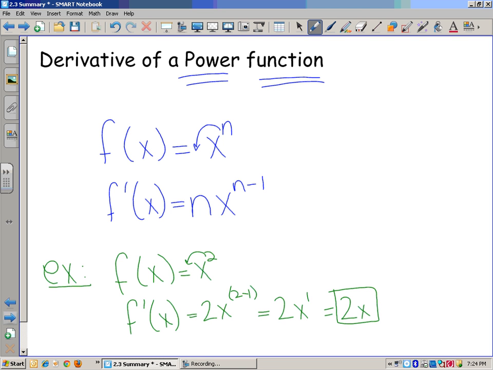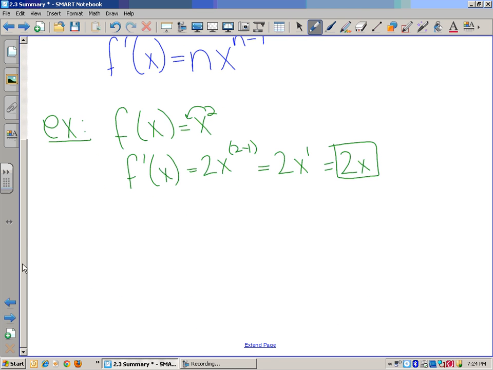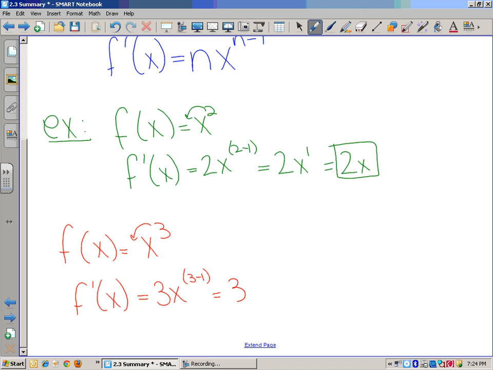Okay, so that's an example. Let's do another one that we've done. You've done this one several times. F of x is equal to x cubed. So f prime of x, the derivative of f with respect to x, bring down the power, subtract 1 from the original power, and you get 3x squared. Check your notes. I guarantee you, you've done this.